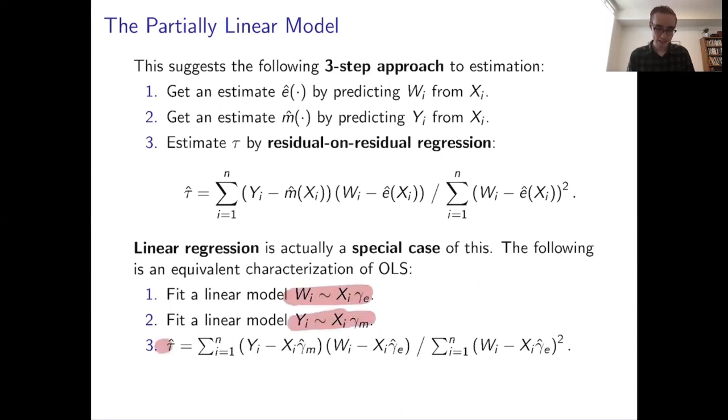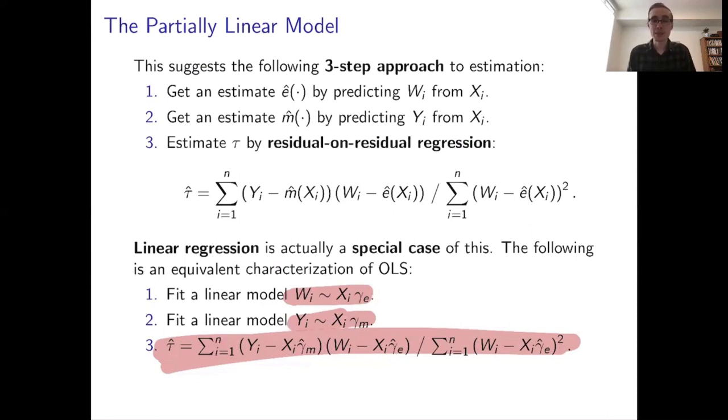Then the coefficient for w in the full regression, where you predict y from x and w, comes from a residual-on-residual regression, where you regress the residuals of y versus your best prediction of y from x, on those of w versus your best prediction of w from x.